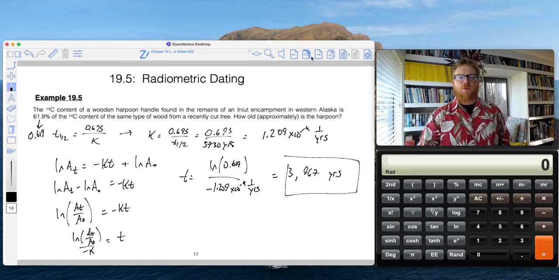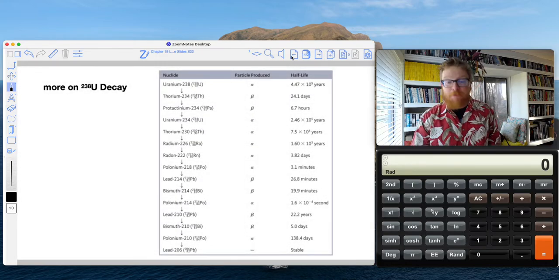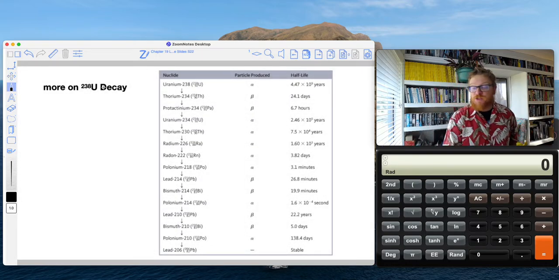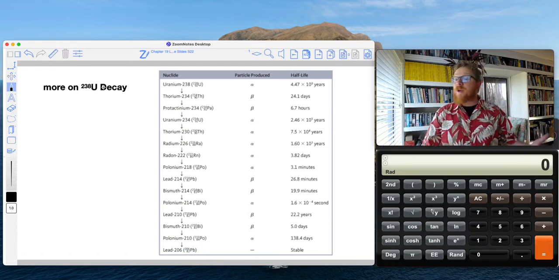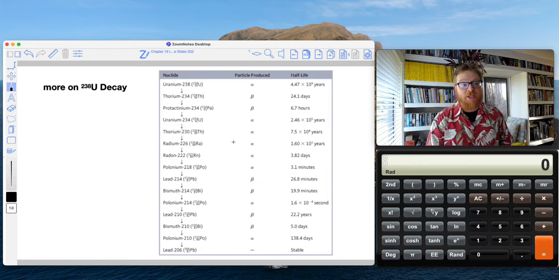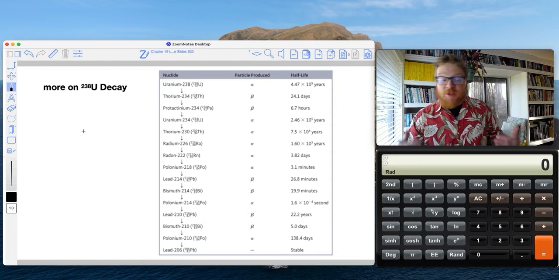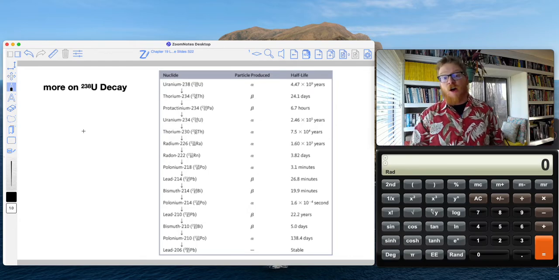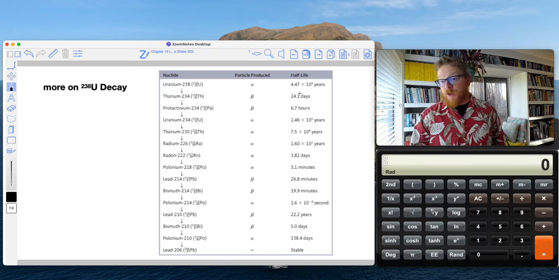So this was a discussion of radiometric carbon dating. If we circle back to the U-238 decay series, as I mentioned earlier, we could do radiometric dating calculations based on uranium, or even another radioactive nuclide, as long as we know what its half-life is. Depending on how old the sample is that we want to date, that's the particular radionuclide that we would choose.